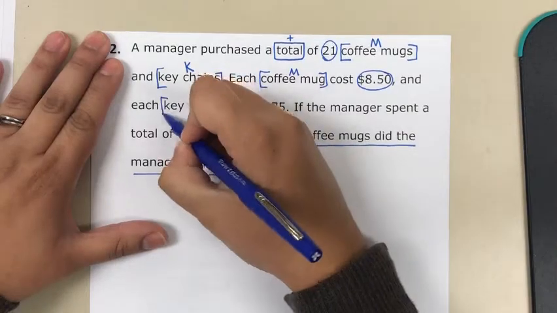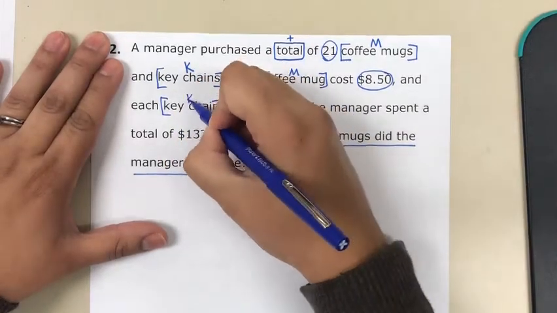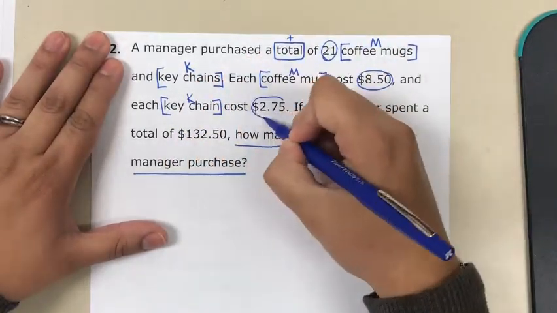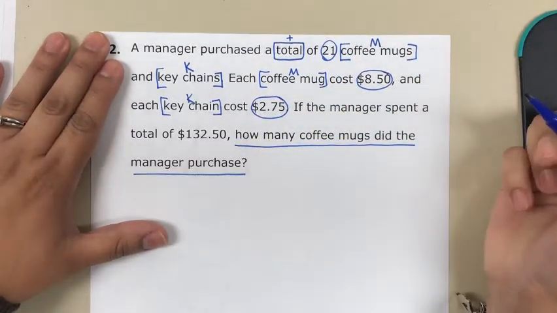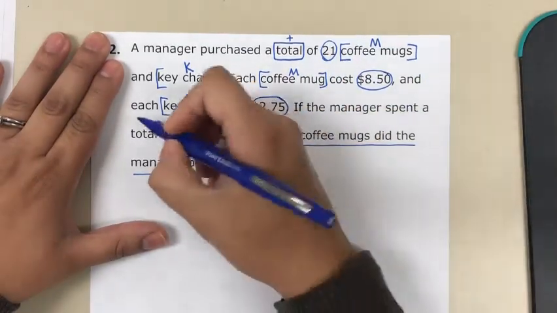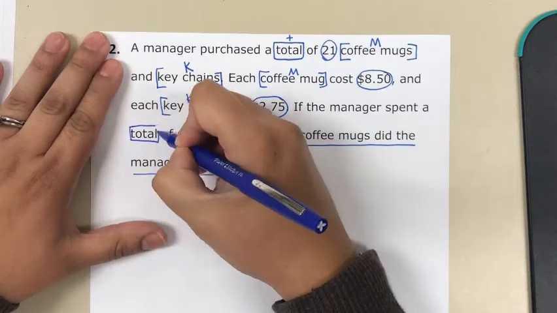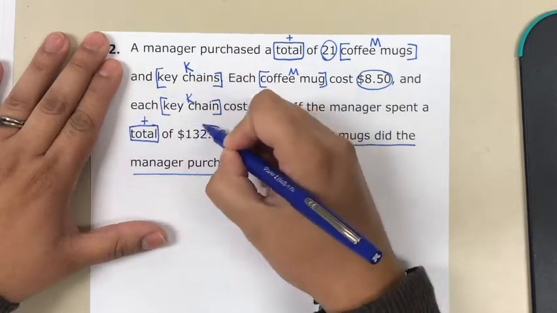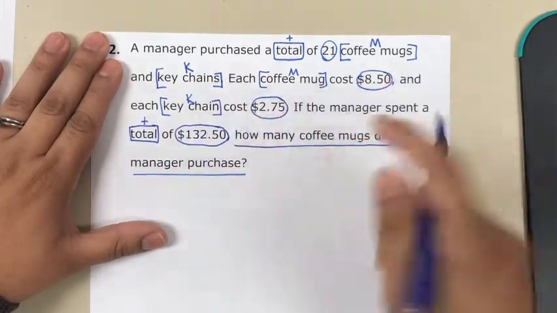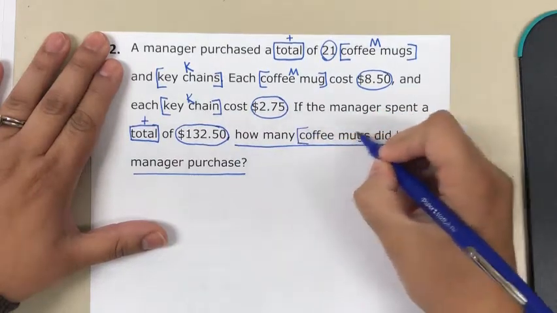And each keychain costs $2.75. Important number circling. If the manager spent a total, remember means adding, of $132.50, how many coffee mugs did the manager purchase?